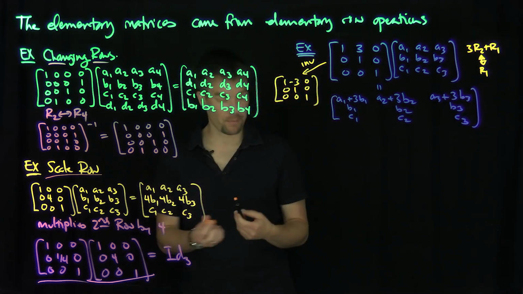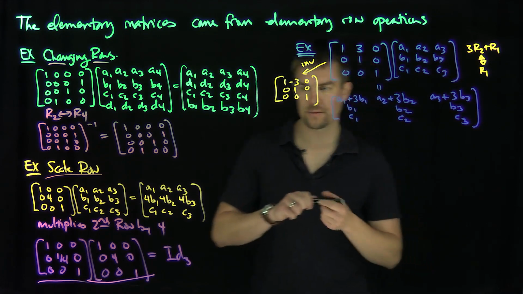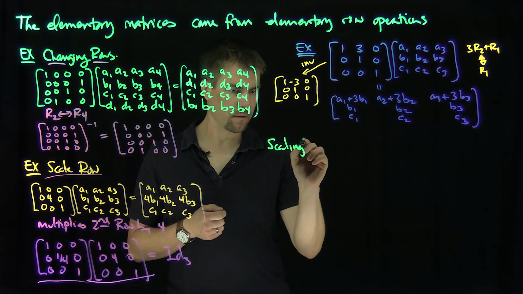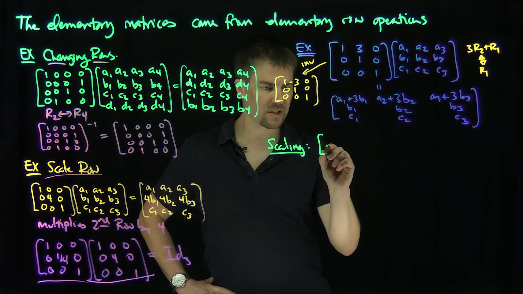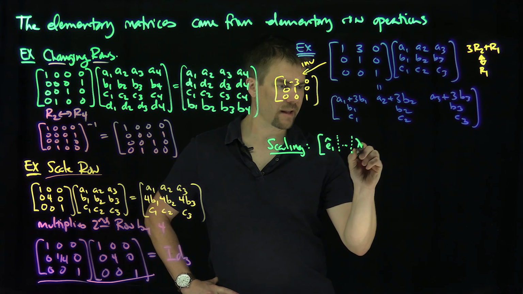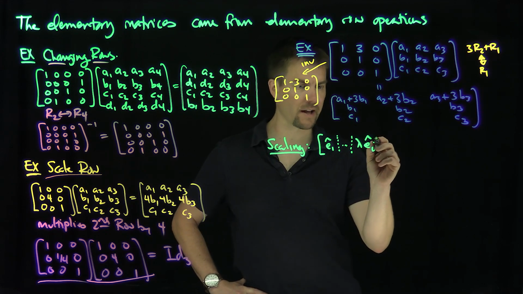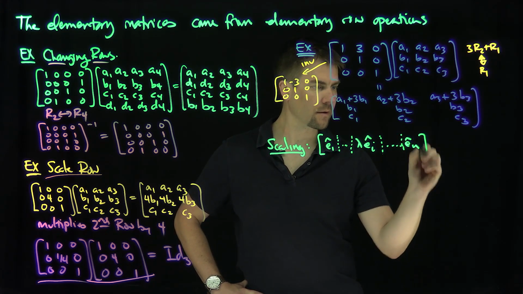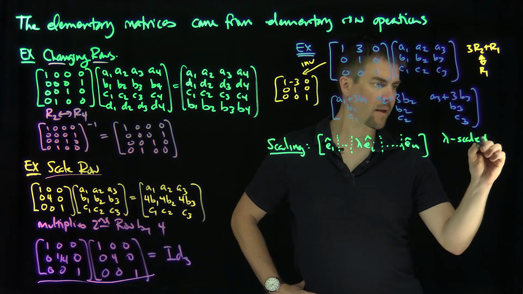So how do we write down these things in general? In general, we have 3 types of elementary matrices. We have our scaling type. Our scaling type is going to be a matrix of the following form: e1 hat, where there's a standard basis, all the way up to lambda ei hat, up to en hat. So in other words, I've changed the ith row by a factor of lambda. This is lambda scale the ith row.